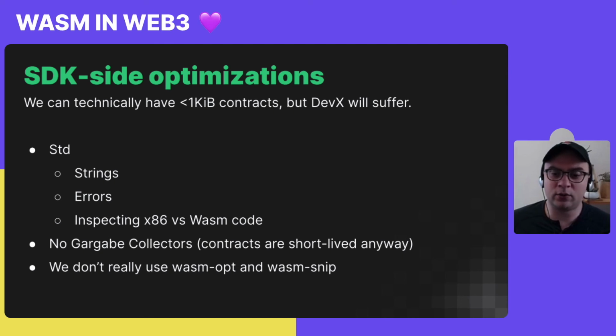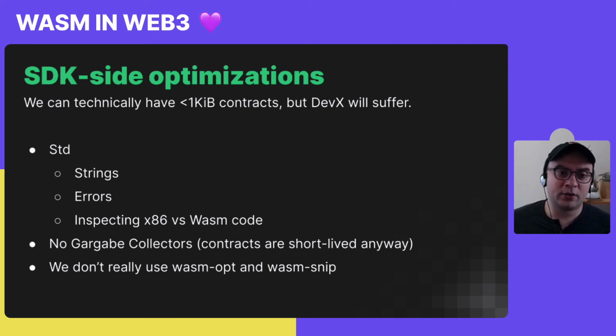If you do not use STD and if you use all the best guidelines for writing tiny code, you can actually have less than 1 kilobyte contracts once they compile to WebAssembly. But your developer experience will suffer greatly. So most of the projects, even projects that care a lot about the performance and about the size, still use our SDKs with STD.